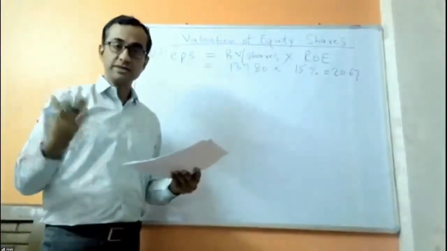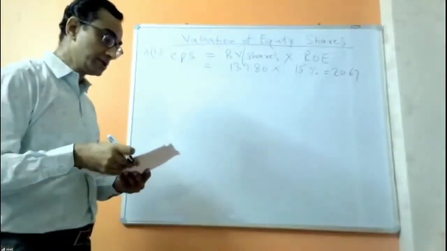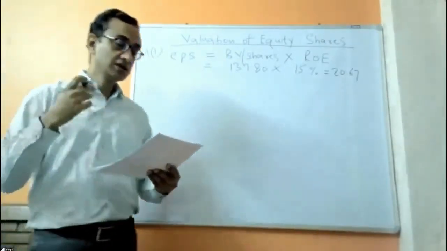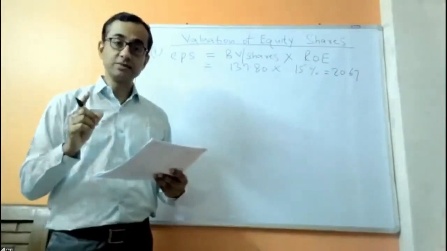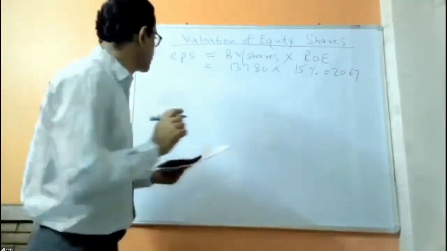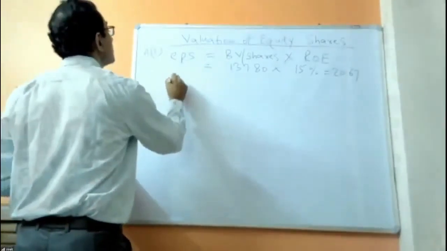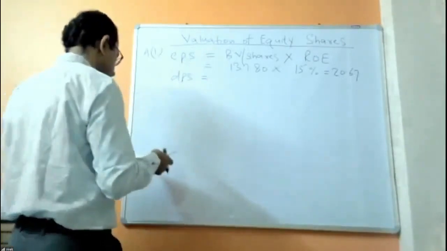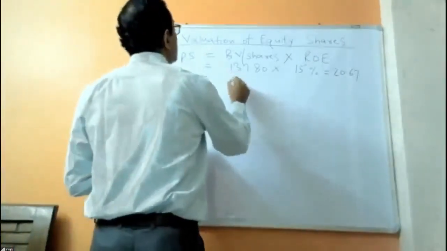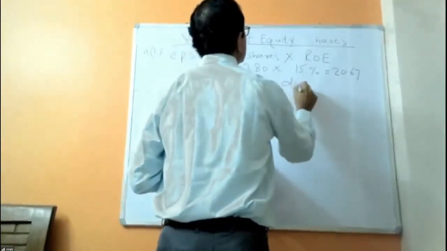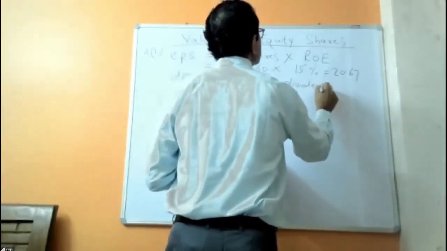Now on this basis, you can calculate the dividend per share. It is mentioned in the question that the company is retaining 60% of its earning. It means it is declaring dividend at 40%. So dividend per share will be EPS into dividend payout.